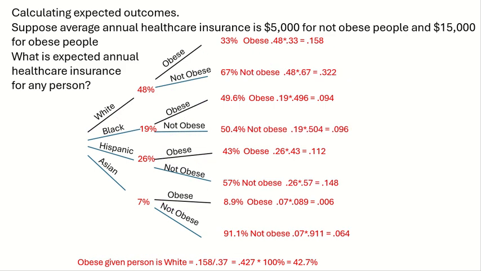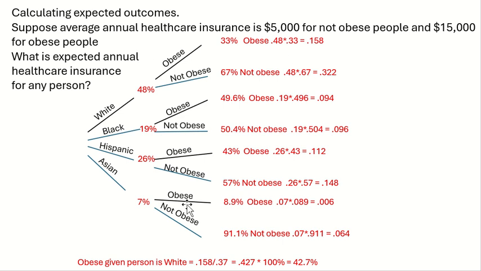Next, we can take this and start applying a cost associated with it, okay? Once we draw our decision tree, we can draw in costs. For example, if we know that annual health care insurance is about $5,000 for people who are not obese and $15,000 for people who are obese, what's the expected annual health care insurance for any person?